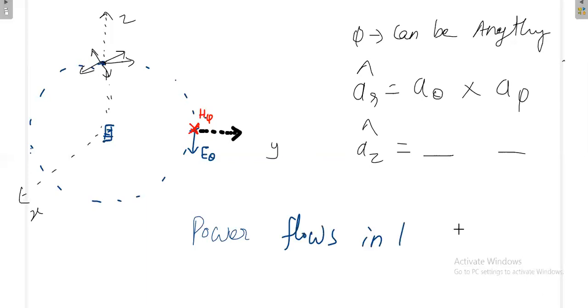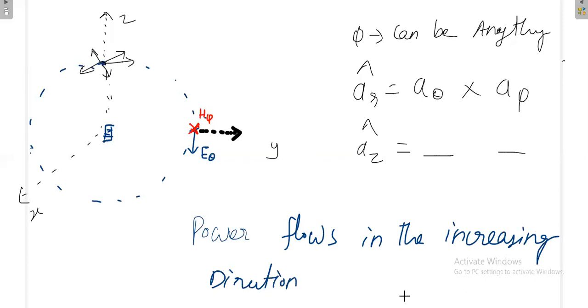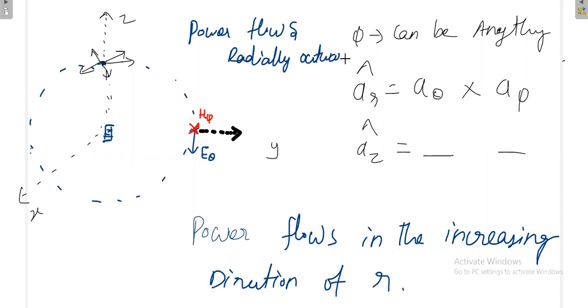That means power always flows radially outwards. Accordingly, a theta and a phi will change their direction.